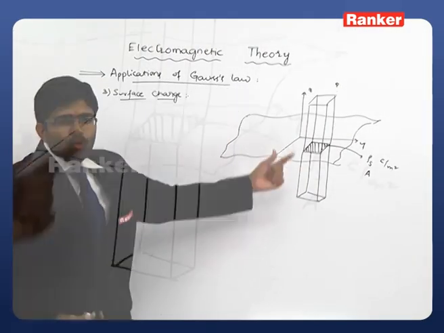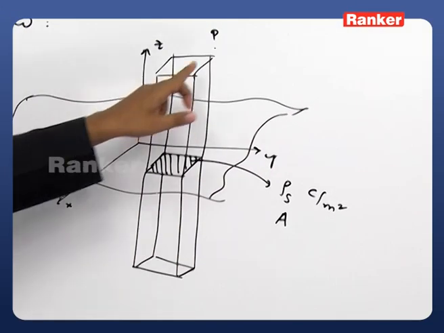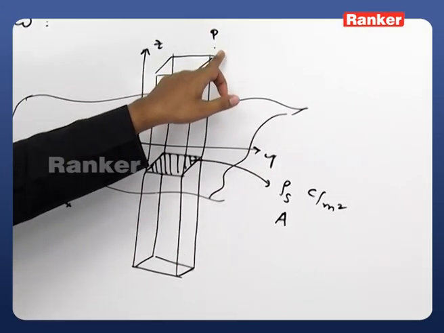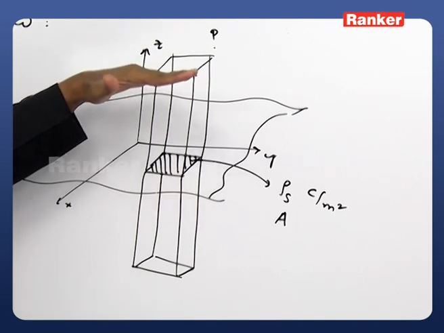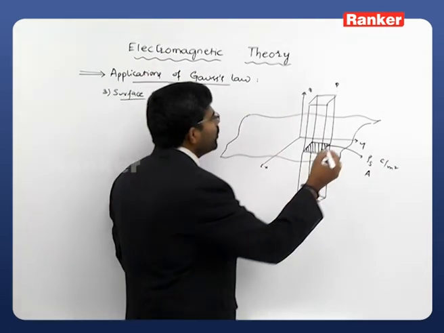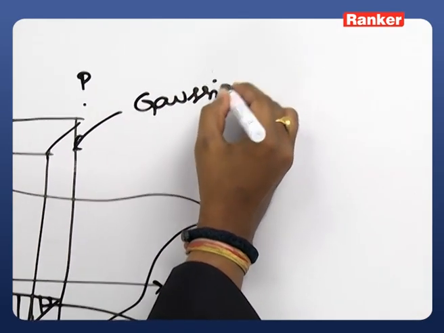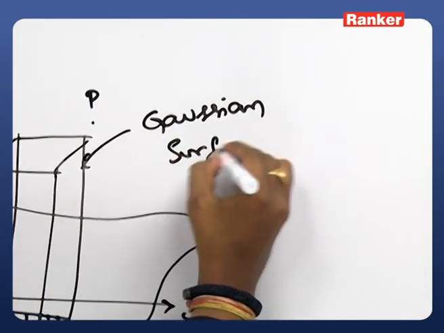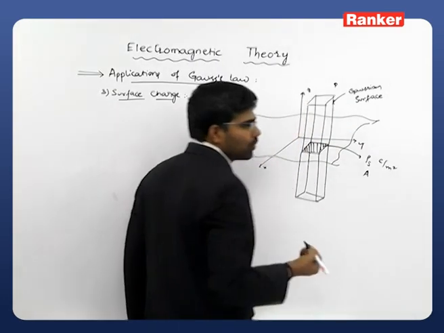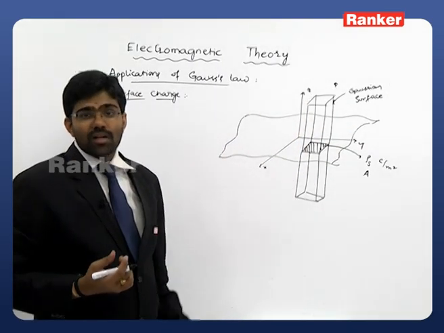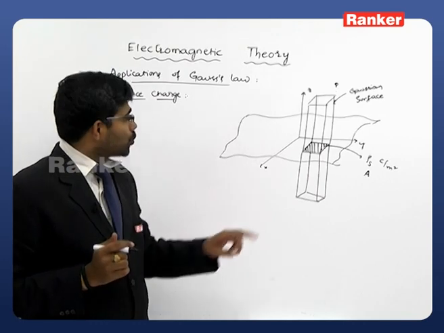So let us form a cuboid like this, such that the point P, where we are going to calculate, is on that particular Gaussian surface. Now this cuboid is said to be the Gaussian surface. Now observe how many faces or surfaces there are for this cuboid.